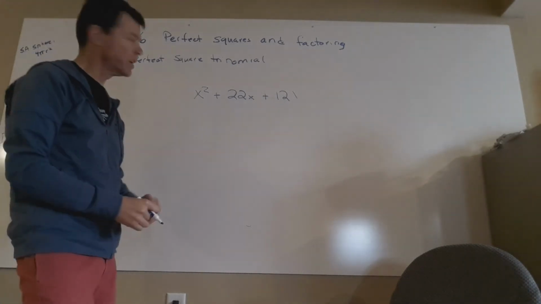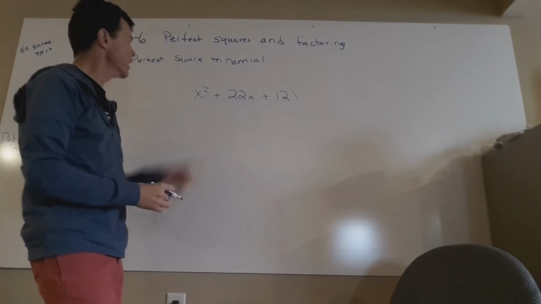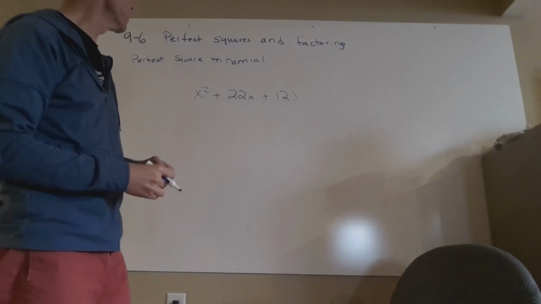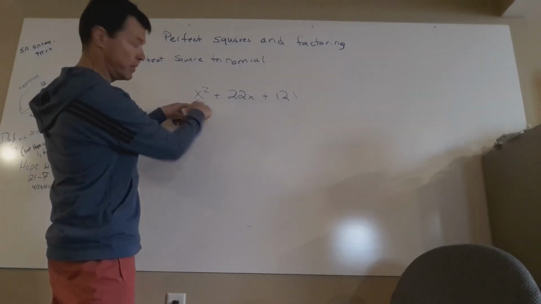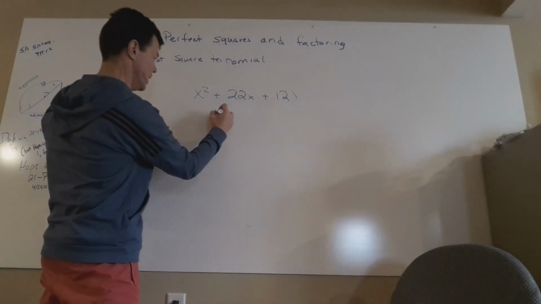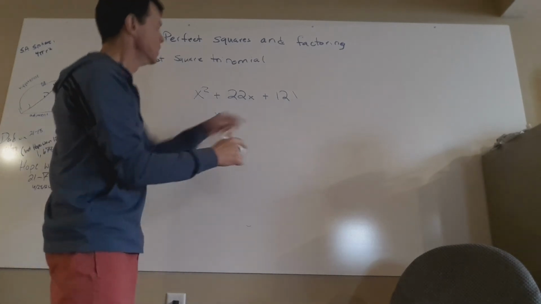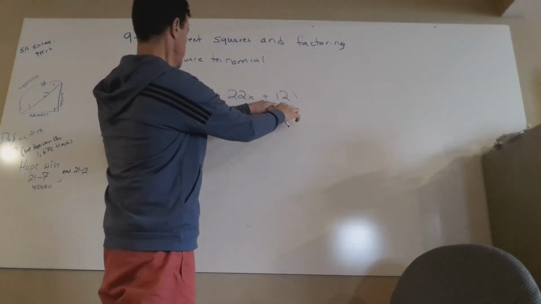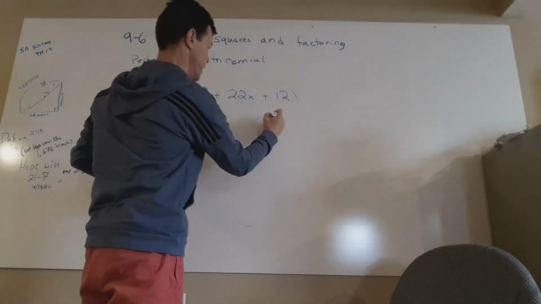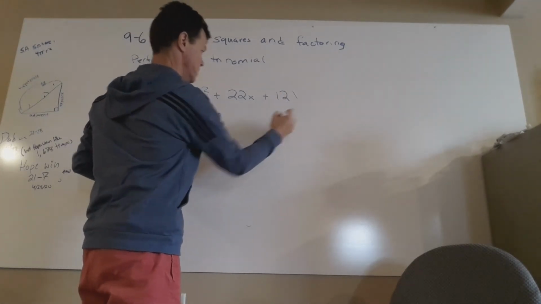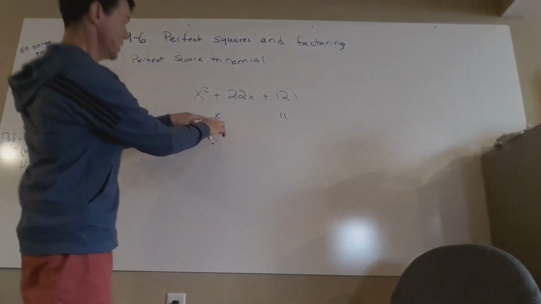All right, take a look at the problem that we've got: x squared plus 22x plus 121. Take the square root of the first one. X squared, the square root is just going to be x. The square root of the second one, the square root of 121, is 11. All right, multiply these two together.